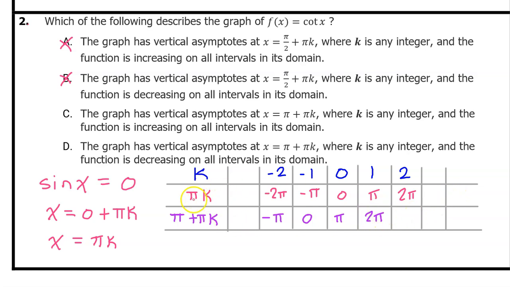So from now on, when you see pi k versus pi plus pi k, just understand that they represent the same set of values. To choose between options C and D, we have to know whether the graph of cotangent x is increasing or decreasing on all intervals of its domain.